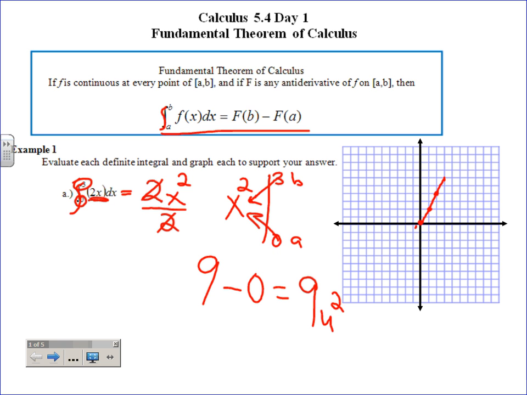Yes, I could extend it. y equals 2x is a line, right? The only reason I kept that dark is I only told you to go from 0 to 3. And I told you that right out front, 0 to 3. So basically, you just found the area of that. You just found the area of a triangle using calculus.